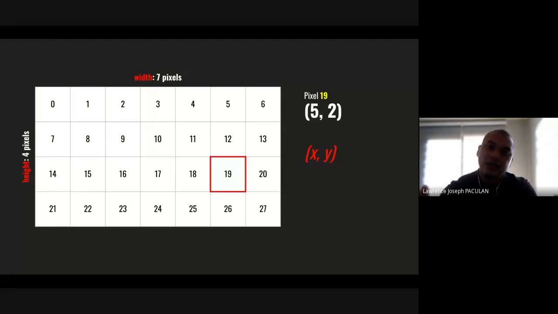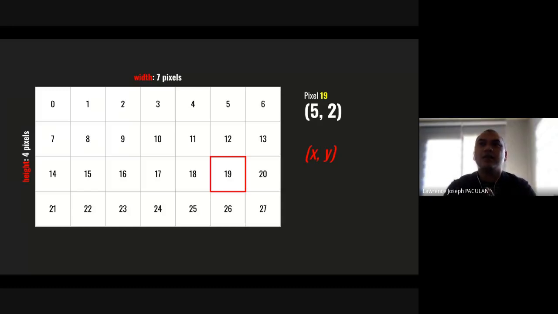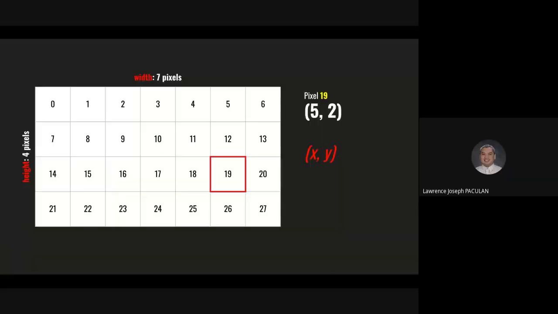For example, this is a 7 by 4 image only. But as you know, images have resolutions such as 1024 by 768 and 2048 by 1280. These are large images, and at some point there are hundreds of thousands of pixels in a given image.